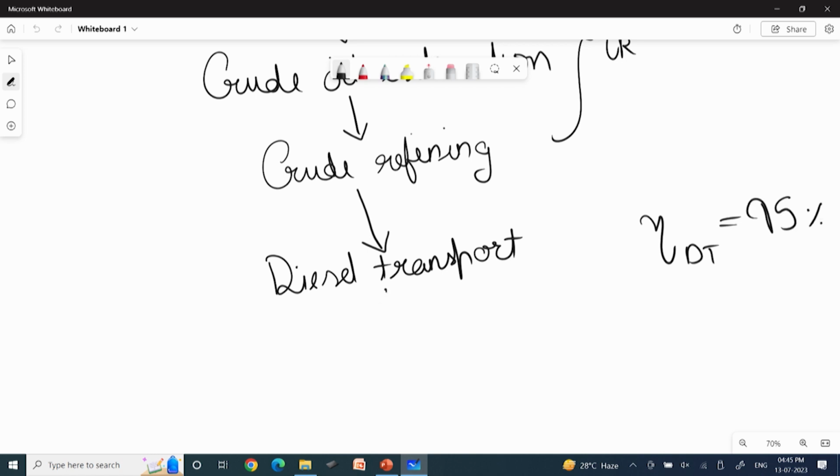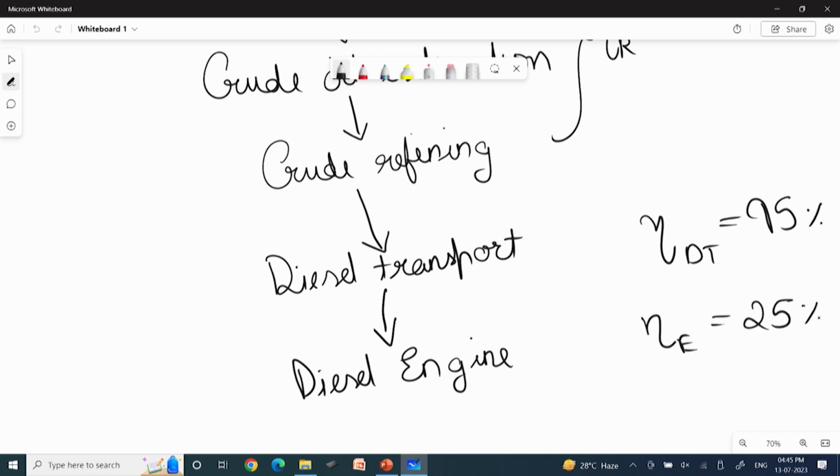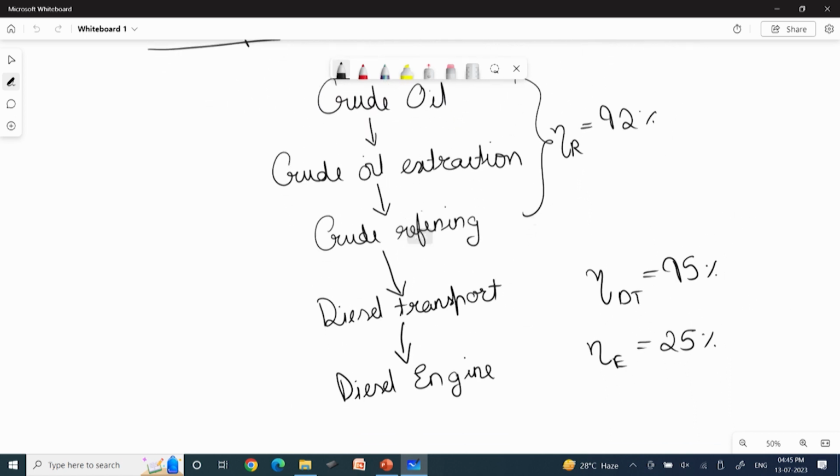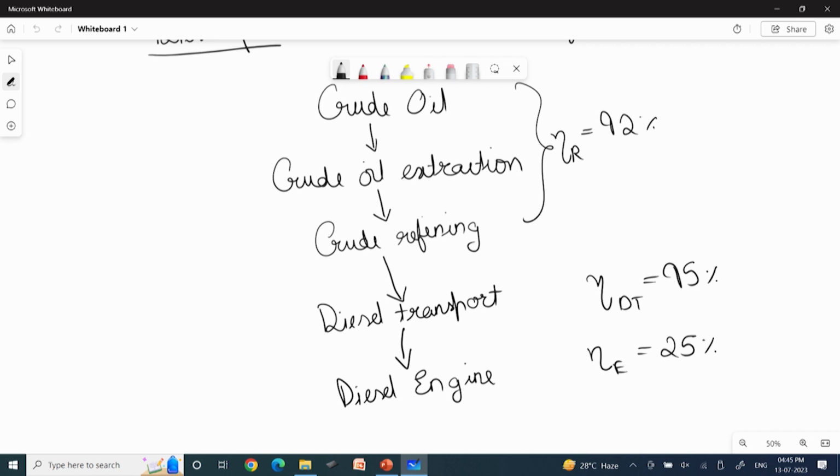Finally this ends up in the diesel engine, in a typical car or four-wheeler, where this would have an efficiency of around 25%. So, if I see the supply chain, this is how it would look. In this case, the steps up to the diesel transportation would be called well to tank.